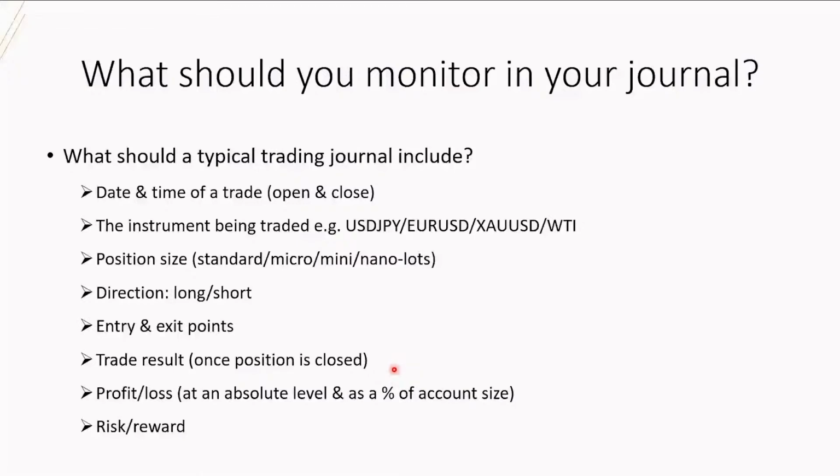So once you are familiar with that particular instrument, and you're familiar with various market environments, then you can probably size up your account gradually, and then move on to slightly bigger lot sizes, for example.